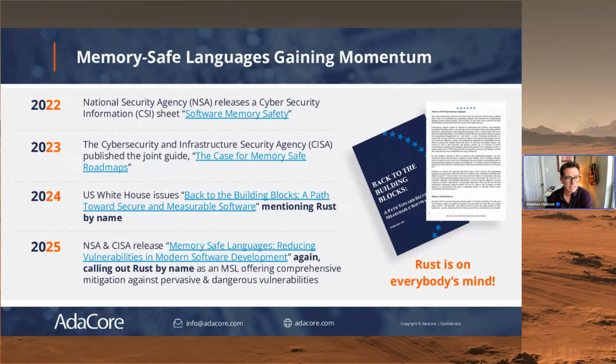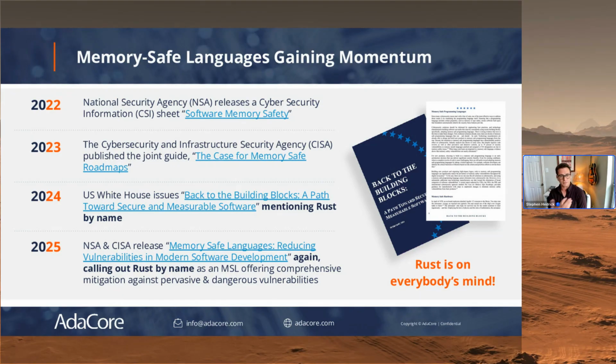Something I should note too is that with that buzz, that momentum that's coming out, we have different initiatives catching momentum from a governmental standpoint, in the Department of Defense and NSA, CISA. Recently, they released information sheets, these cybersecurity information sheets.